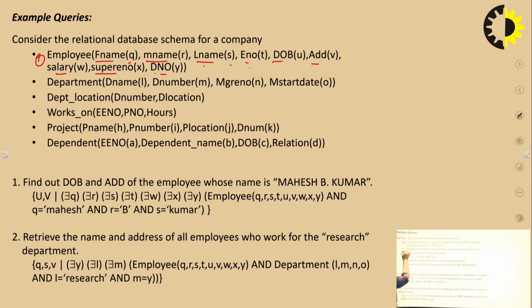Now for the second table, department, we have department name, department number, then manager number and manager start date, that is date of joining. So department name L, M, N and O. For each attribute we have defined a different variable. Now the third table is department location, which consists of D number and D location.